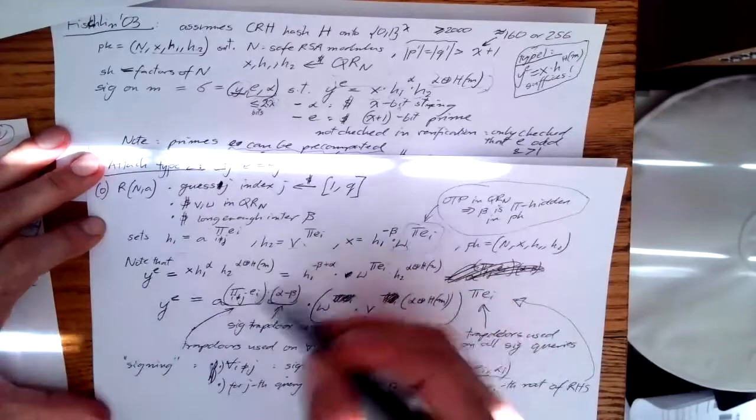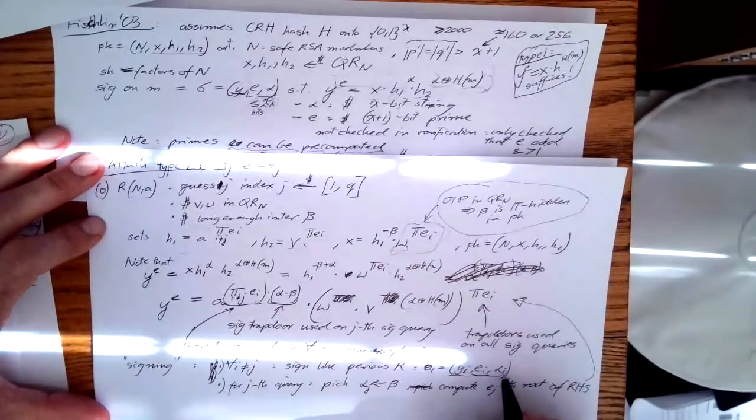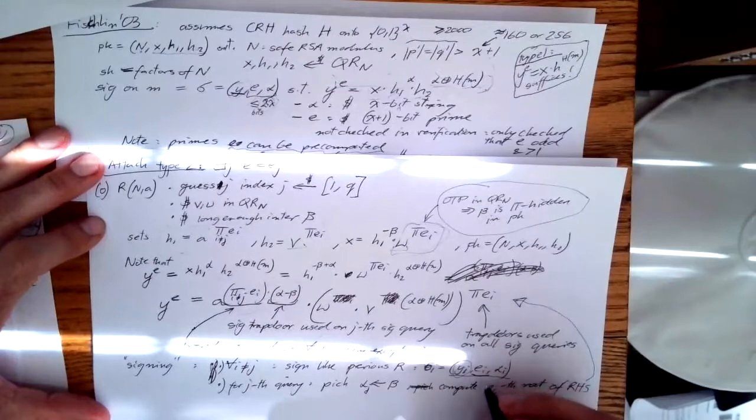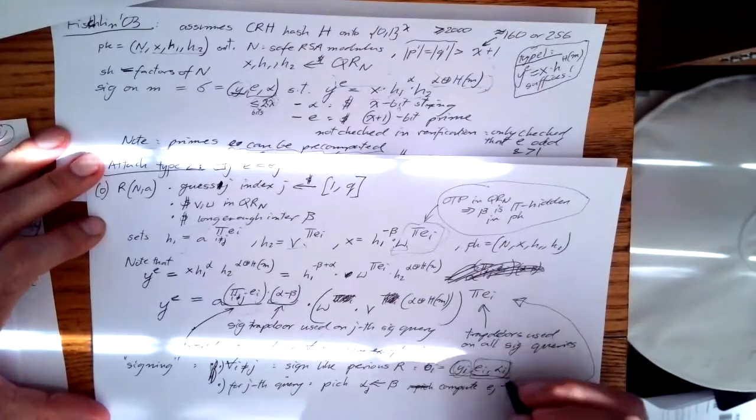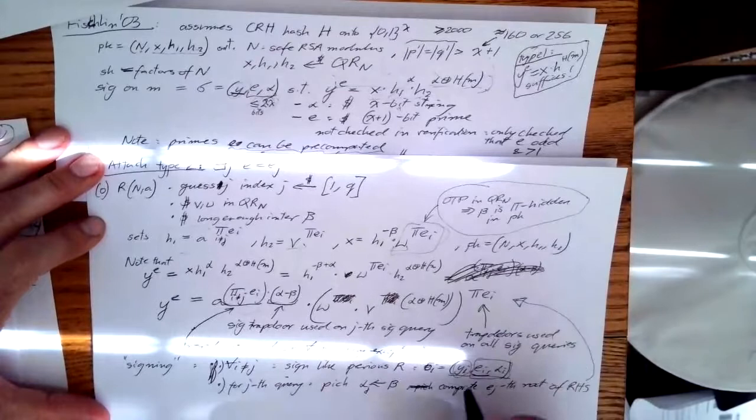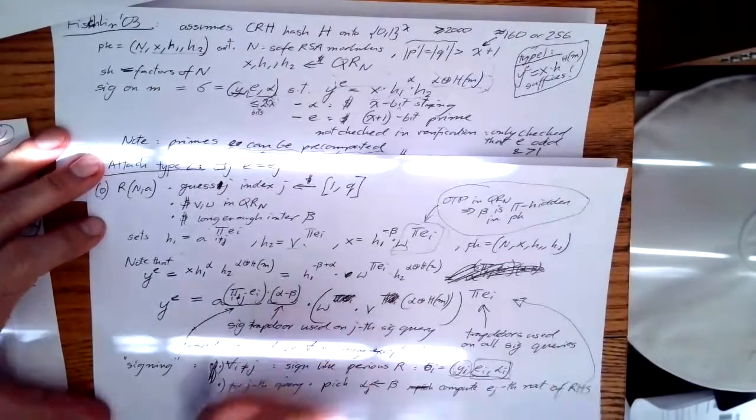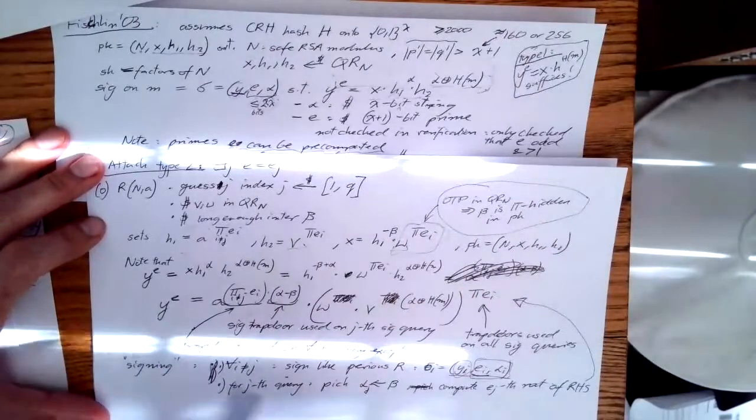Alpha is completely random. My point is that yi is deterministic given this and the public key, because yi is EI's root of this equation.